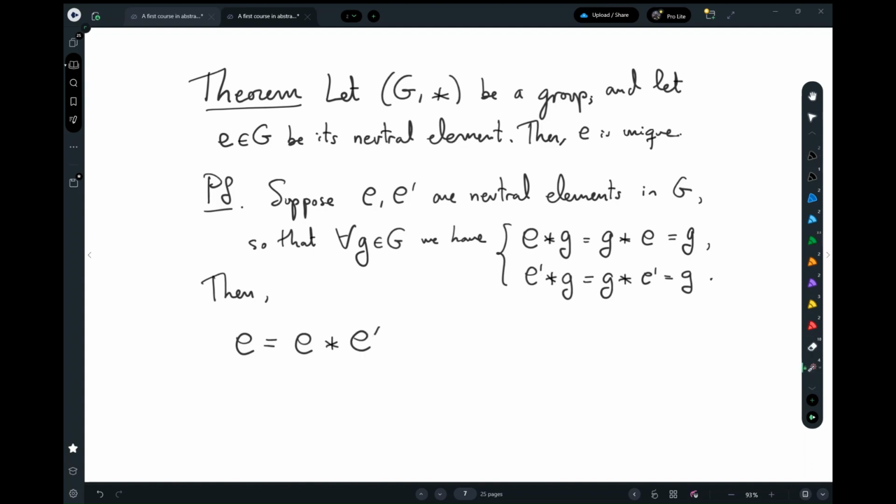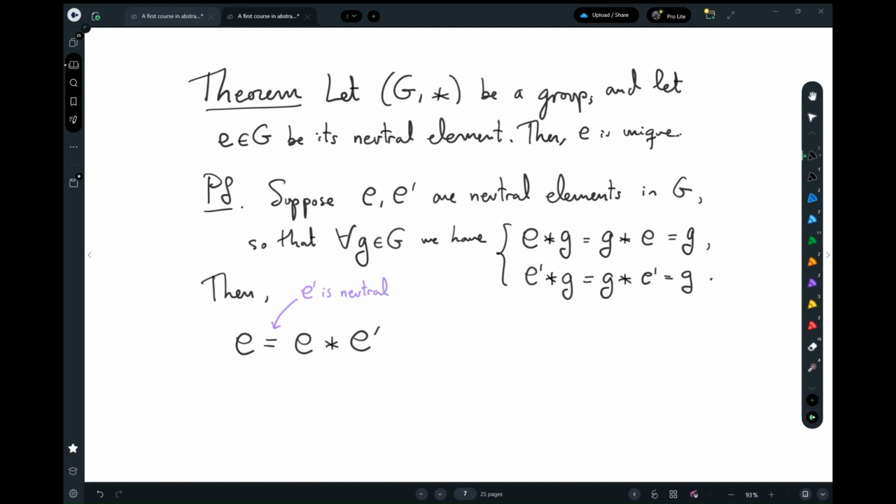Here I'm going to put e, and then this reads that e star e prime is e, and therefore it is this property right here. So what I've used here is that e prime is a neutral element.